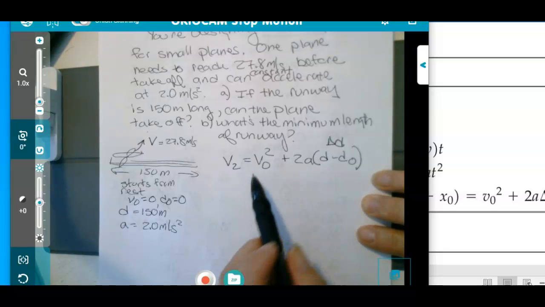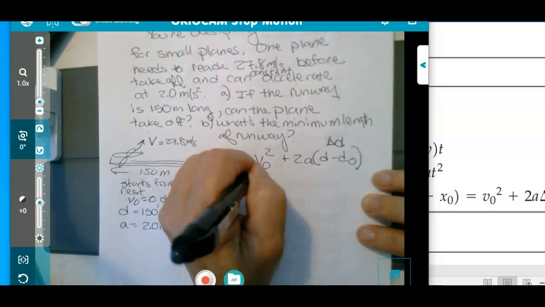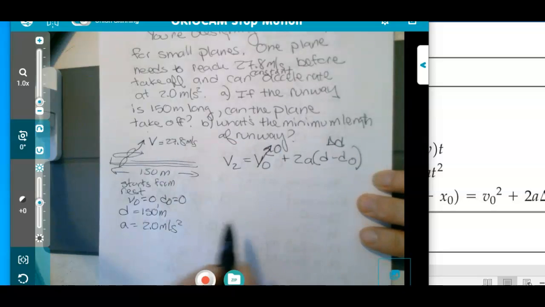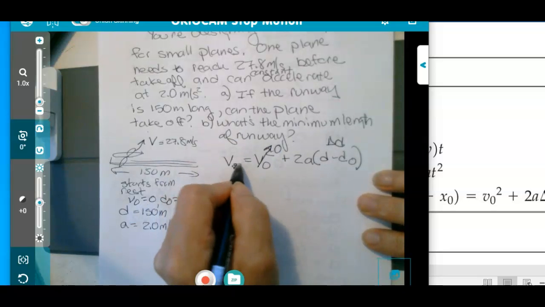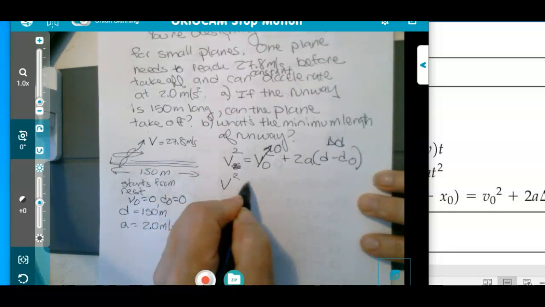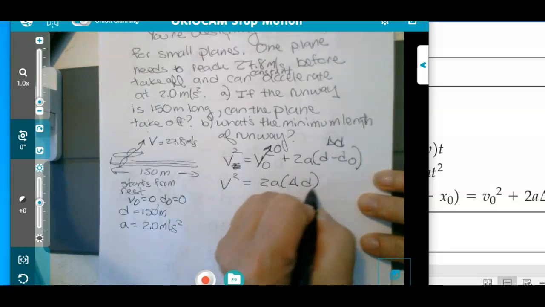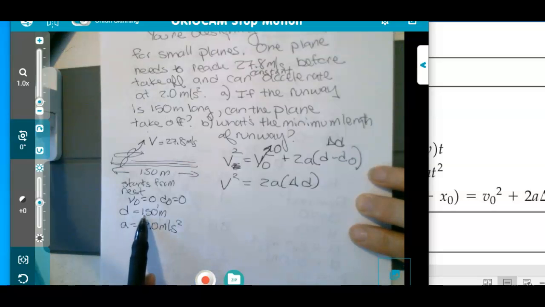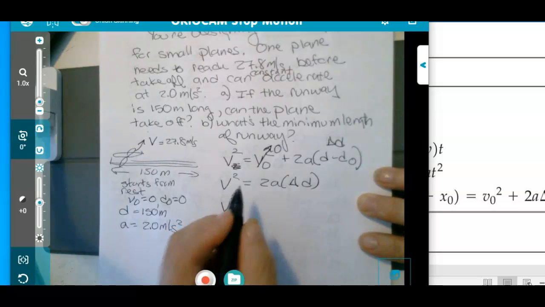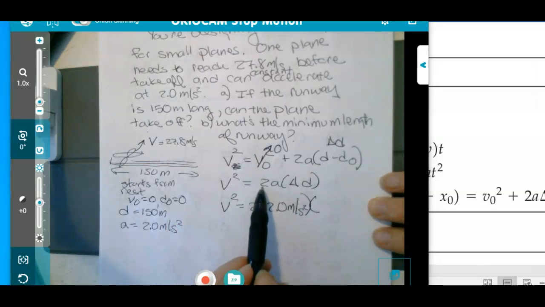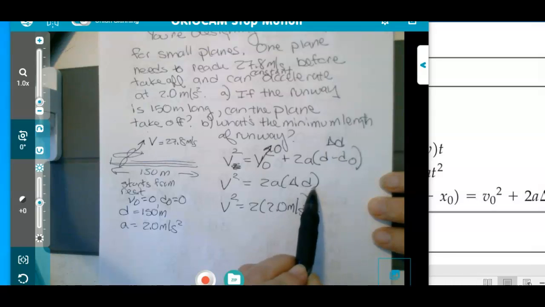Okay, so we have v0, that goes to 0 because it's 0. So we're left with, sorry, this is a square. So we're left with v squared is equal to 2a times delta d. And we do have our distance. We have 0 and 150, so I'll do it that way. So then v squared is equal to 2a times delta d.